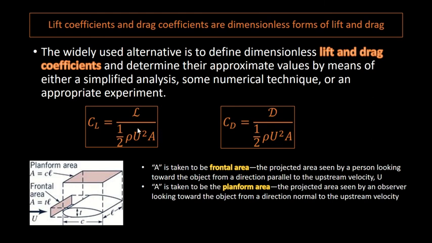Okay, so U is the incoming velocity, or uniform velocity, or upstream velocity, and then A is the area. So what is the area for the complex body?